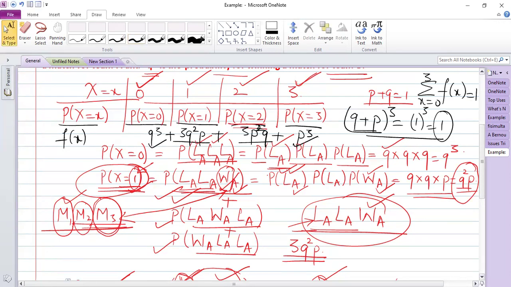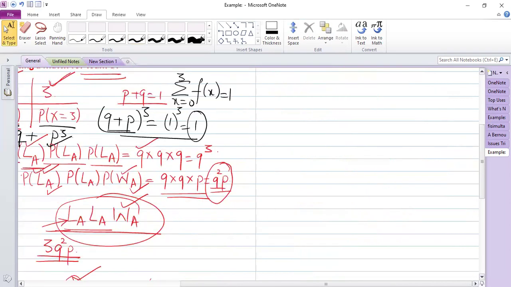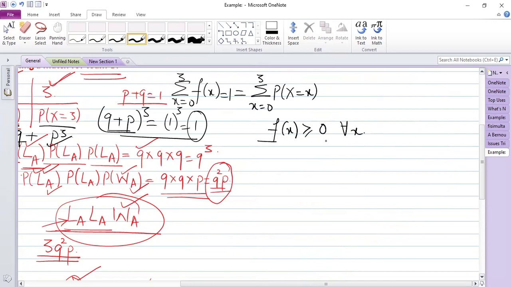We may also write this as the summation over x from 0 to 3 of the probability that X is x. And fx is obviously non-negative for every value of x. You can see, because all the values of fx, p cube, 3p square q, 3q square p and q cube, are non-negative, because p and q are non-negative.